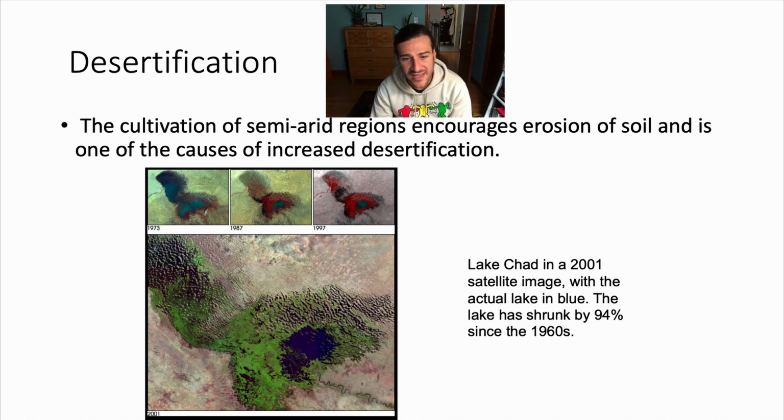So you can see here in 1973, this is Lake Chad, and you could see that because of semi-arid regions around Lake Chad, people utilize this area for farming, right? So they're taking water from Lake Chad and they're irrigating their fields in these semi-arid regions, right?